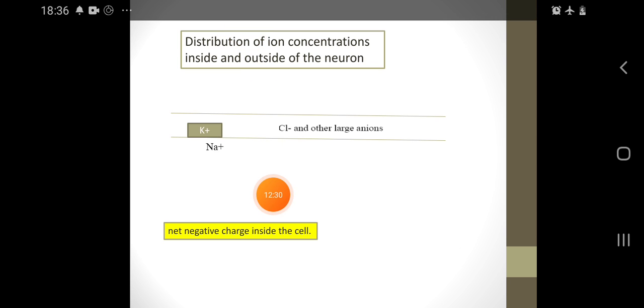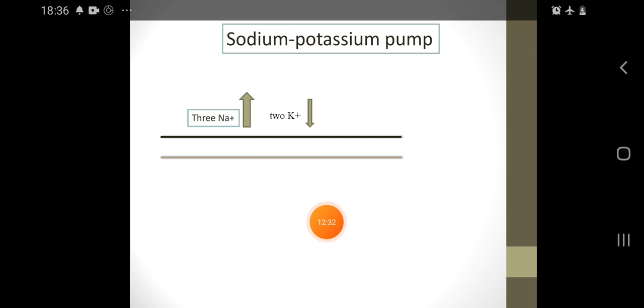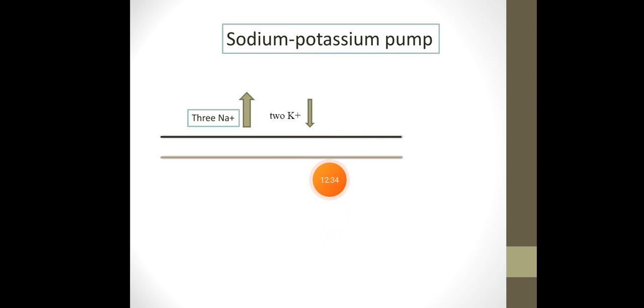That means at the resting potential, 2 potassium ions enter the cell and 3 sodium are removed from these neurons.